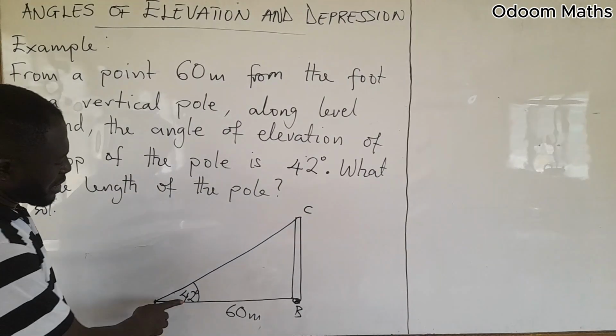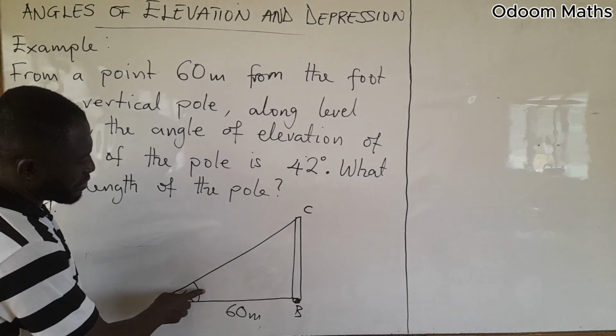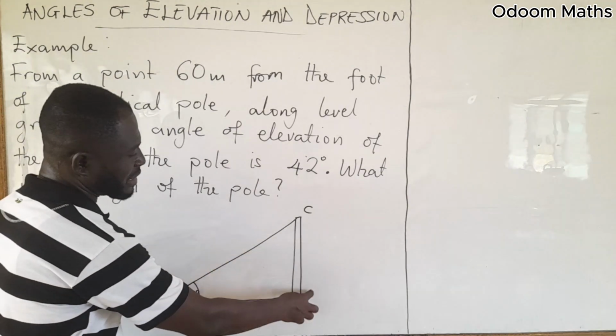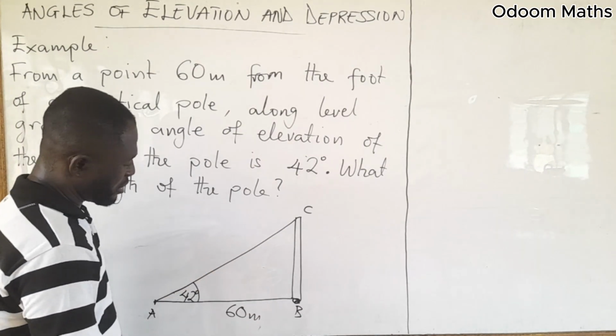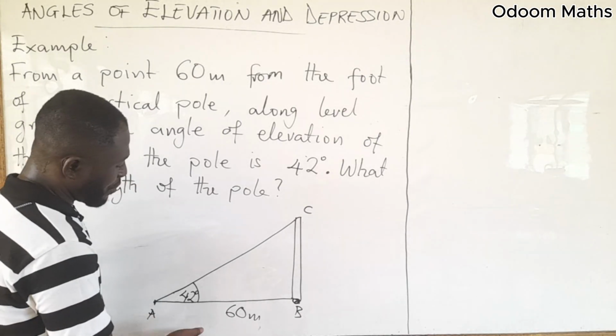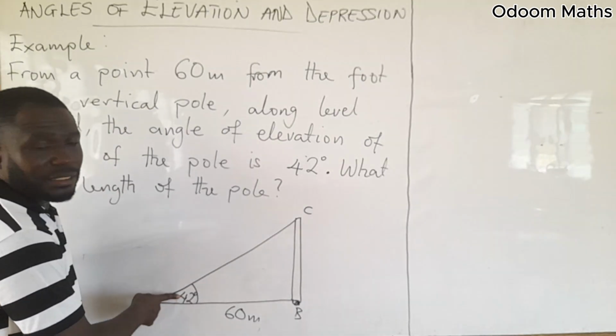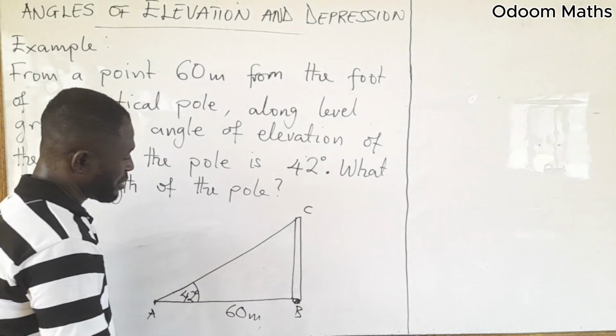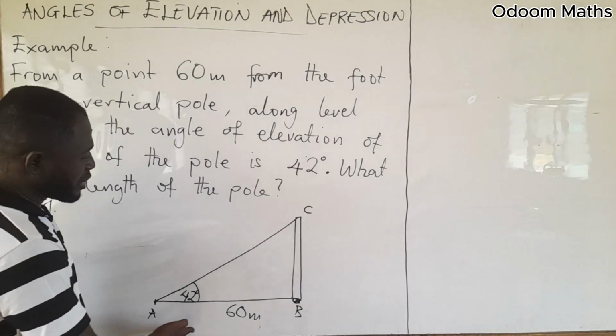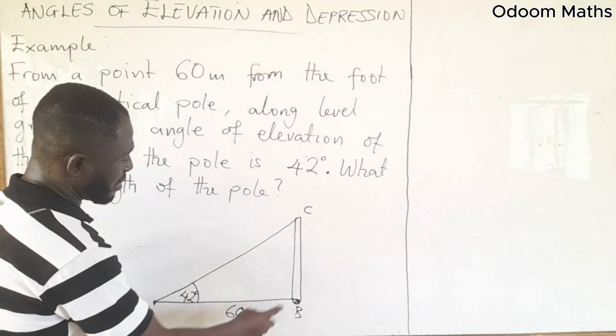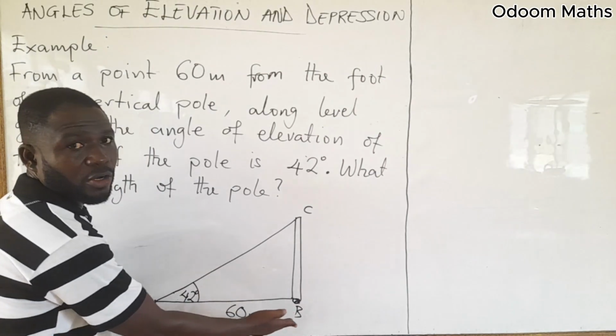Here we know of trigonometric ratios. This is 42 degrees here, and we are told to find the distance BC, the height of the pole, and this is 60 meters. We have the side adjacent to the angle, and we want the opposite, so we can use tan, which is opposite over adjacent.